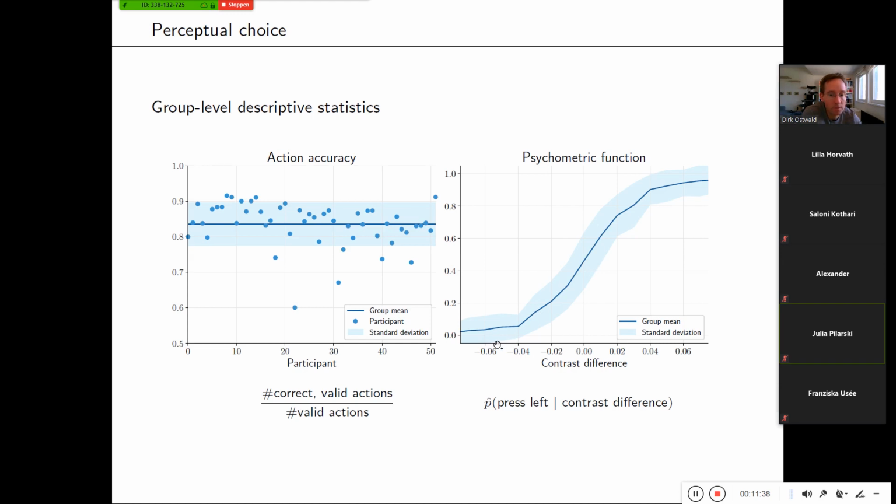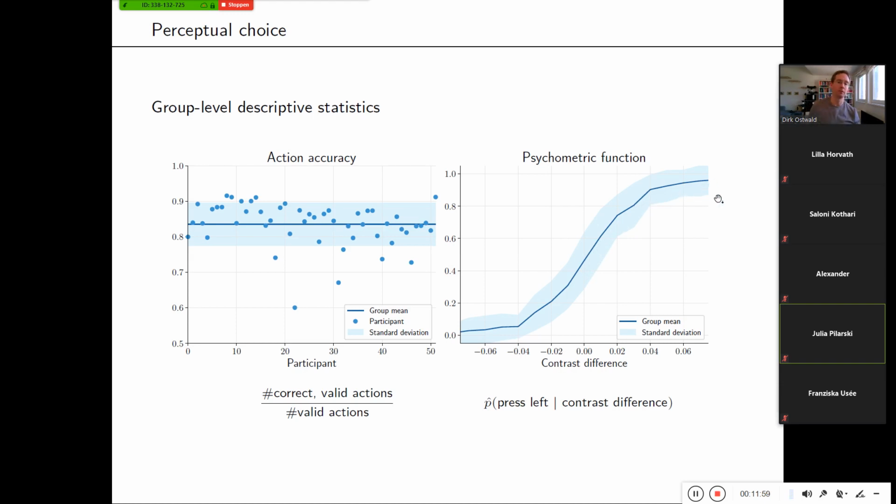So you can also read this as follows: if the contrast is very strong in one direction, people are very much correct. If the contrast difference gets less strong, people go to 50% correct. And then if the contrast reverses, they become correct again.